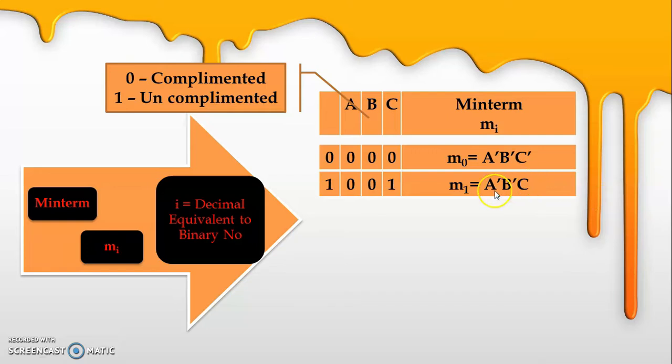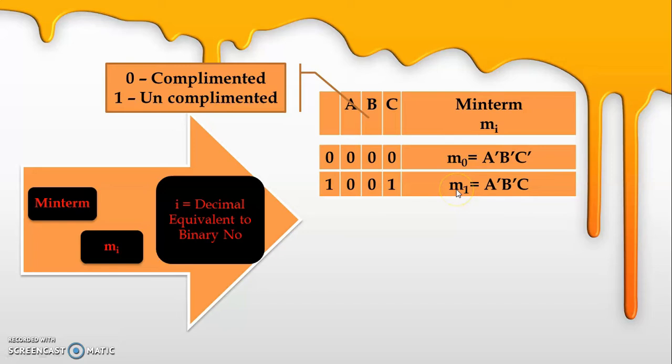M1 can be a bar, b bar, c, because a is our most significant bit and c is the least significant bit, and we have condition 0, 0, 1. So 0 gives a bar, 0 gives b bar, 1 gives c, and the equivalent decimal number is 1.